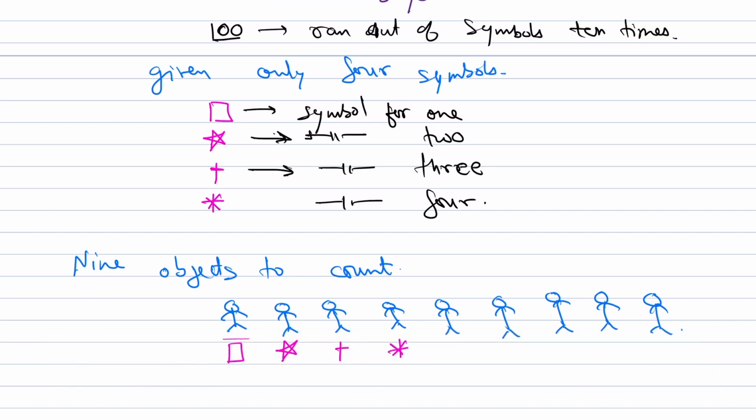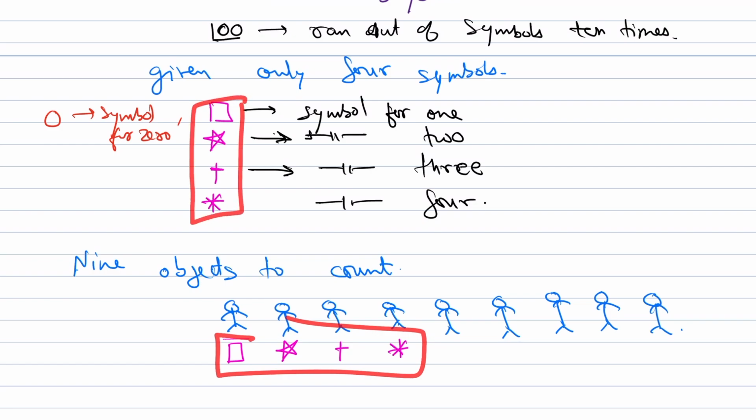What to do now? Let us say that I still have the symbol for 0, the same thing, a circle. So now let's follow the same rule. I ran out of symbols once. You see, I was given only these four.